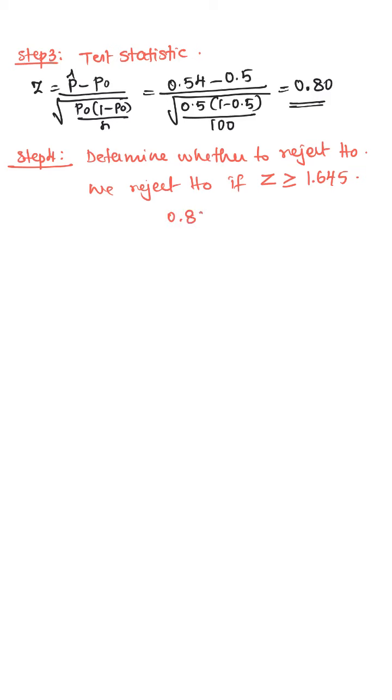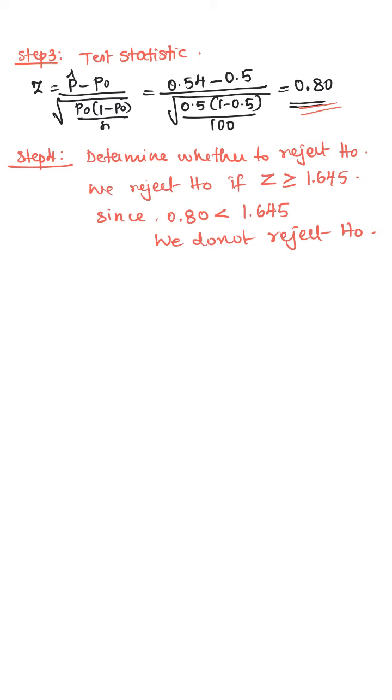Because 0.80 is this one, less than 1.645. So since z is less than z alpha, we do not reject H0.